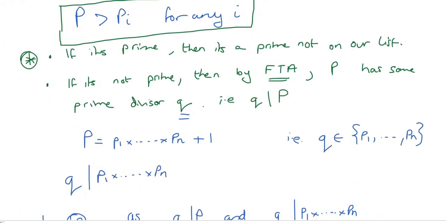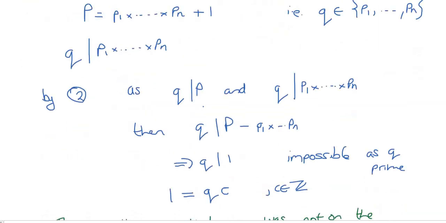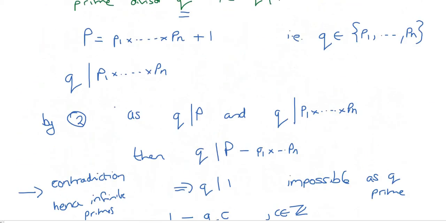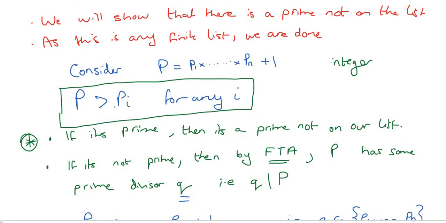And then the working is the exact same. They get down to this point here, and they say, so this is impossible, hence our assumption must be false. Contradiction. Hence infinite primes.